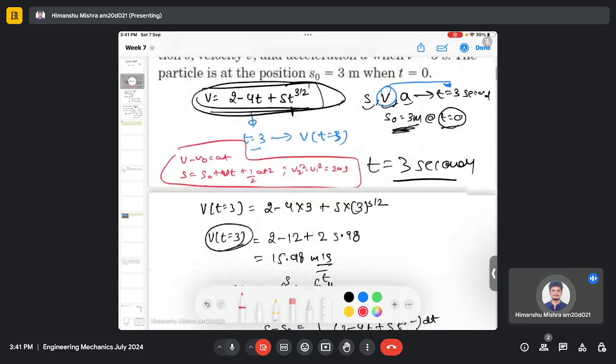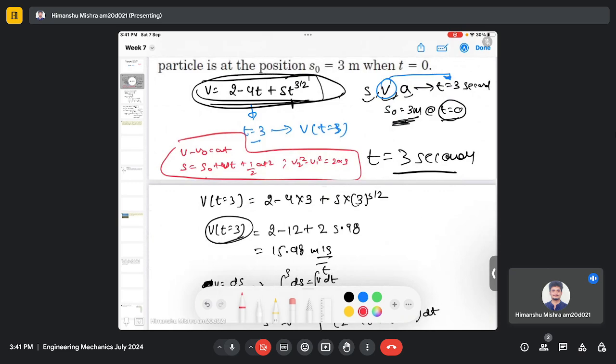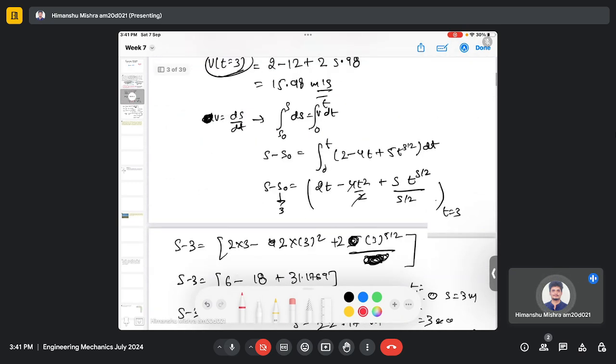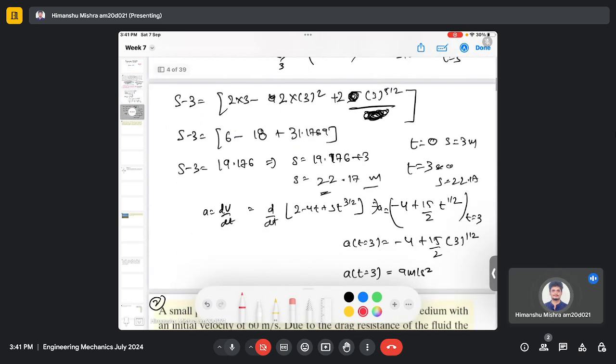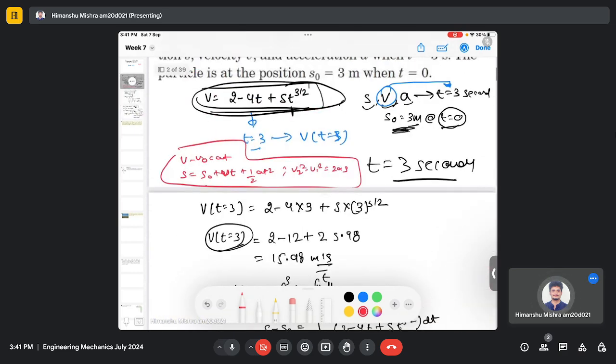But in this question we have not used these equations at all, and there is a reason for this. You can see that the expression of acceleration that we derived is a function of time. As the time changes, the acceleration also changes. So acceleration is not constant in this problem, and for this reason we have not used any of these equations.